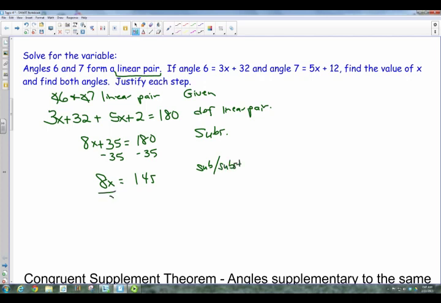And then you're going to go and divide by 8. Okay, so x equals, when you take 145, make sure these numbers are working out right. 145 divided by 8, that gives you the x value of 18.125. And that would be division and substitution.